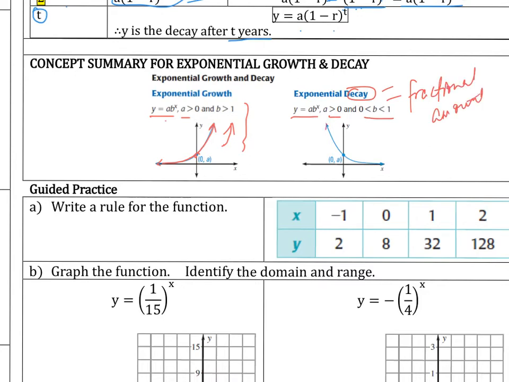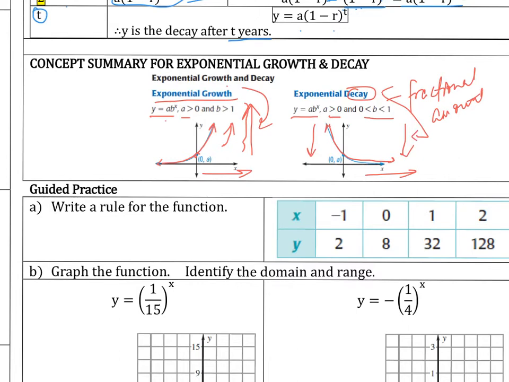And the graph would always curve from left to right in a decreasing manner. Okay, so as x increases, y decreases. All right, and just to repeat again, as x increases, y increases. So this is how to interpret this graph, the growth, the decay.